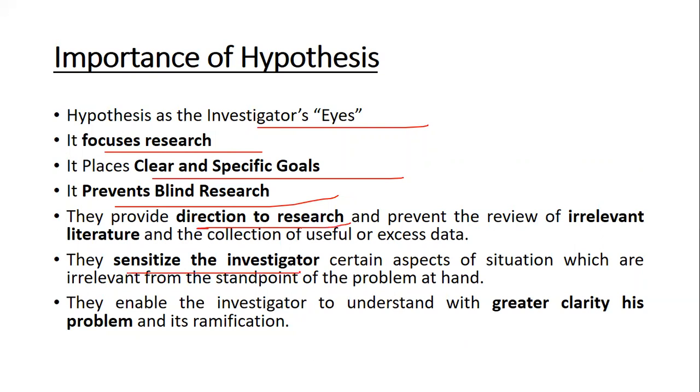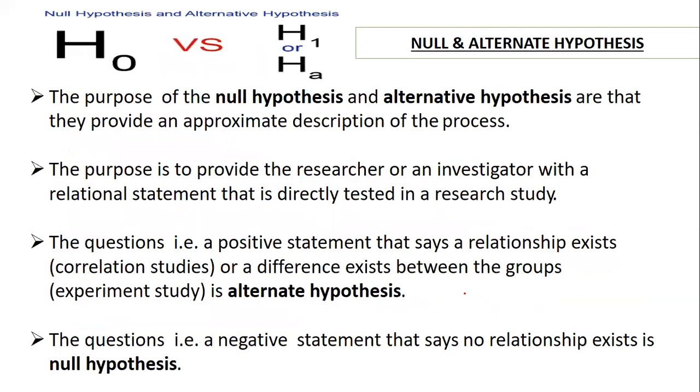It sensitizes the investigator, which means certain aspects of the situation that are irrelevant from the standpoint of the problem at hand can be ignored, and the investigator can focus on relevant points. It gives clarity to the problem and its ramifications, meaning which can be ethically proved; you can say it is ethically taken into consideration.